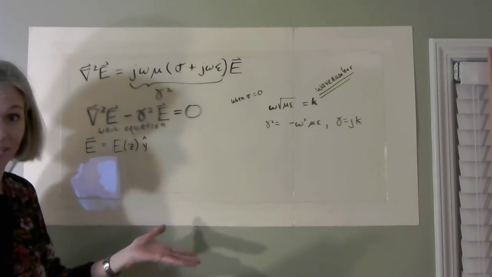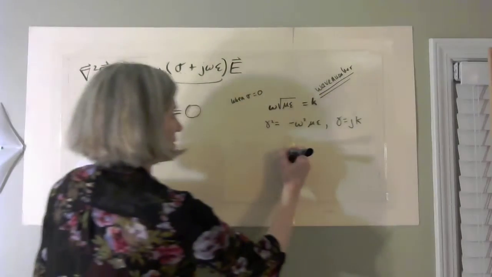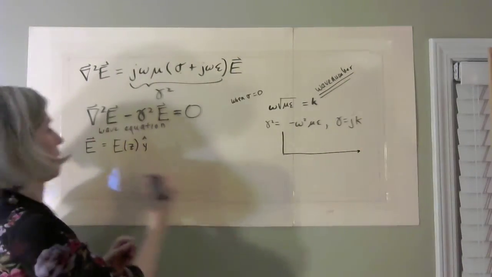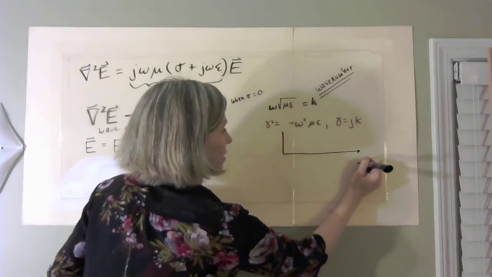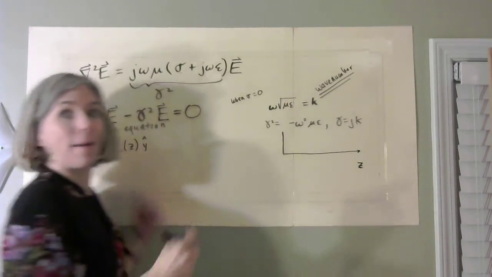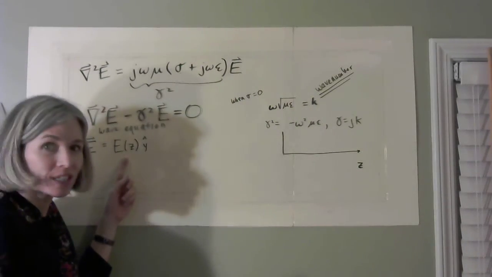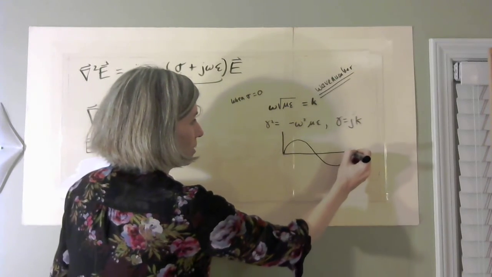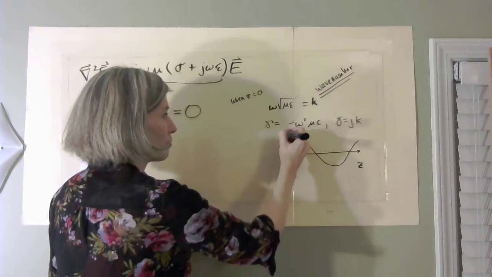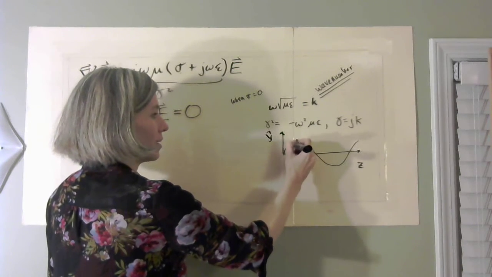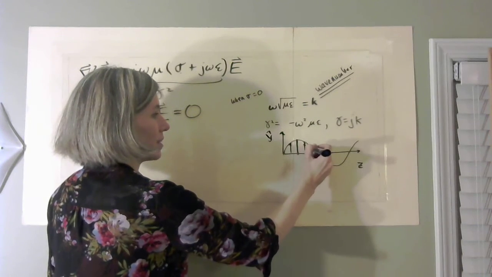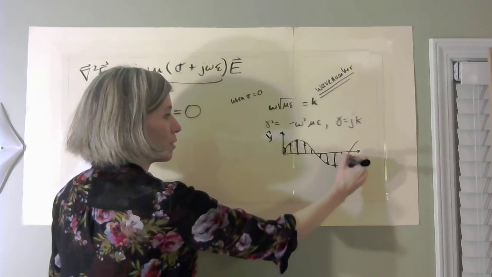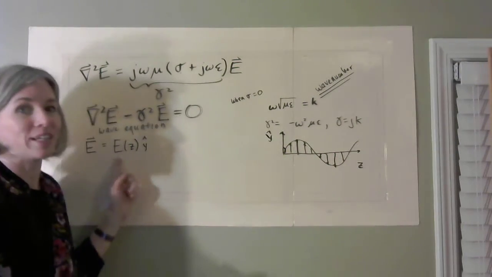What that looks like, as we've already talked about, is this situation where we have a z-axis and our amplitude is changing as we move along in z. So we can have a sinusoidal envelope, for example. And our electric field always has a y direction, where it's positive or negative is set by this oscillating amplitude.